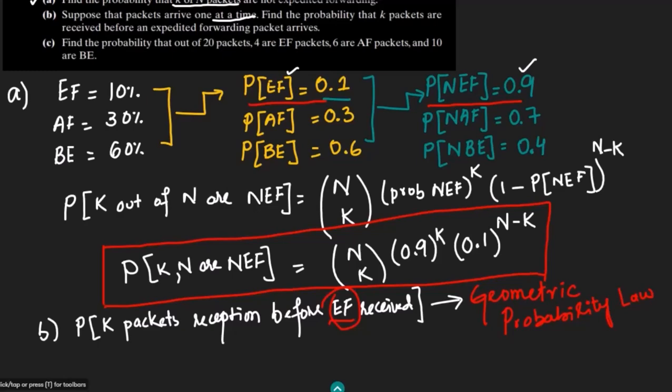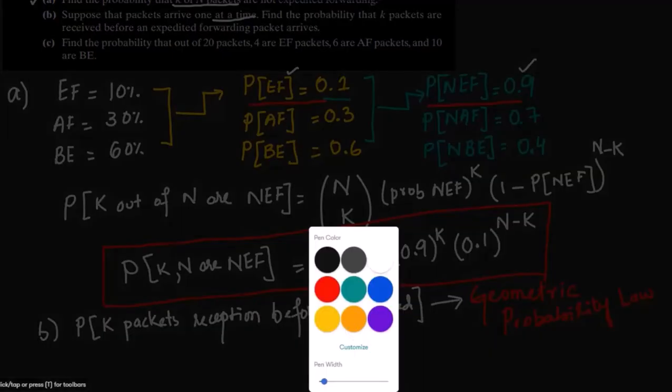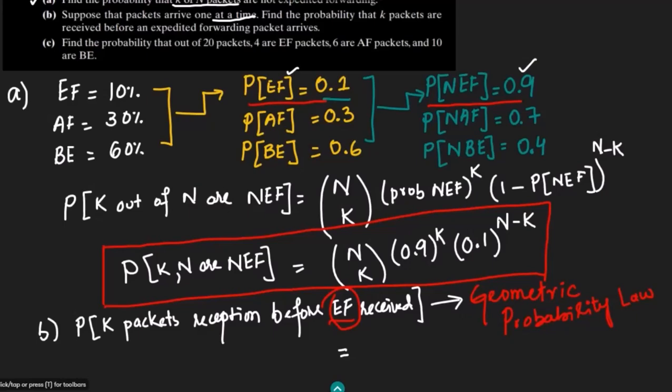Okay, so until and unless this EF is not received, this can be written as the probability of what? So here, probability of no EF, and it should be k, because after k packets, what will we receive?